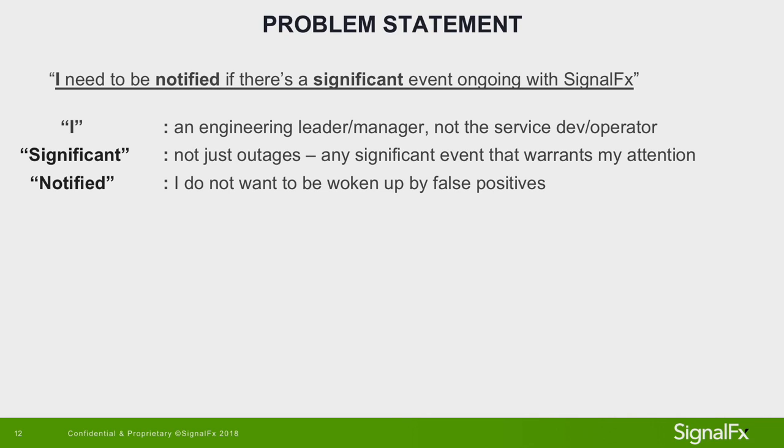So what's the problem that we tried to solve? As a manager in the organization, I wanted to know if there is something significant brewing in SignalFx. It's deliberately a little vague, but from my point of view, it makes sense. I'm not an operator of any service specifically. I'm not interested in whether a particular server is having a problem or not. As a manager or as a leader, I want to know if something critical or a problem is brewing. Why? Because obviously I need to know. I have a lot of experience within the company.